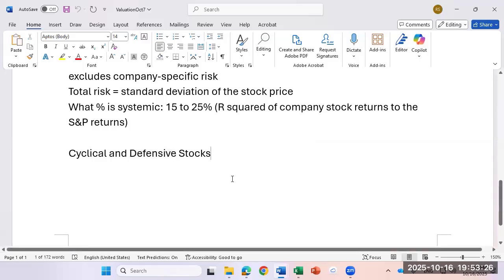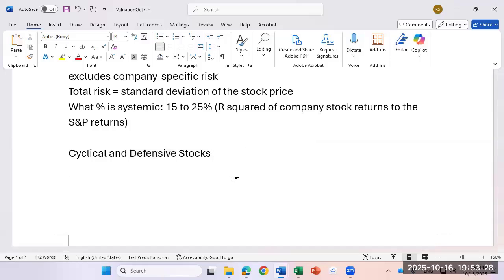So what's the formula for beta? What's the formula for correlation? What's the formula for standard deviation? Those three formulas are almost identical, right? What's the formula for correlation? Blank divided by what?